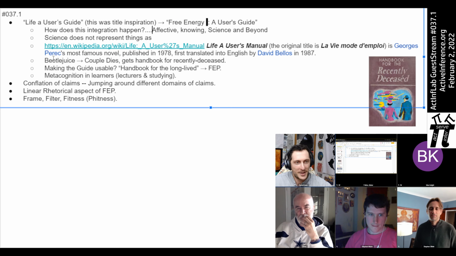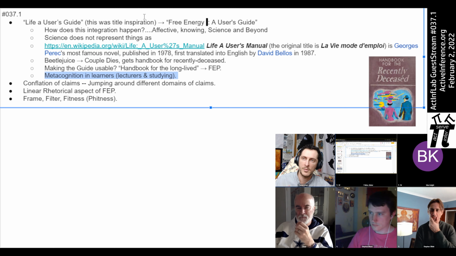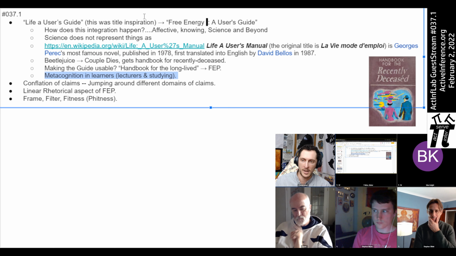Then that was pretty interesting, a handbook for the long-lived, and it reminded me about metacognition in learning, and about what we expect and prefer and think we can know. Being a learner and a teacher's assistant, I saw how there'd be lecturers who would simplify, and learners would have high precision on a very simple model.